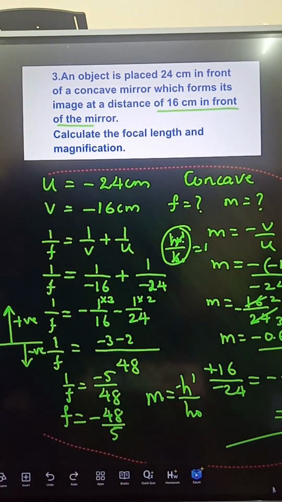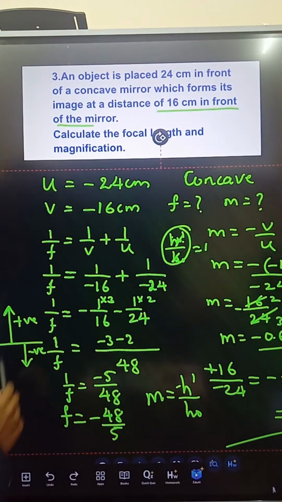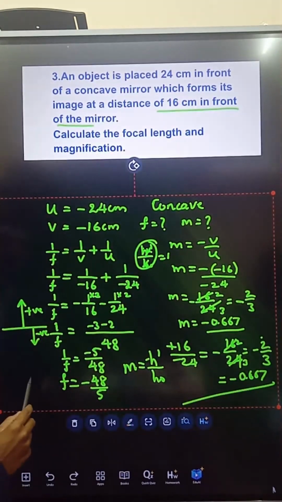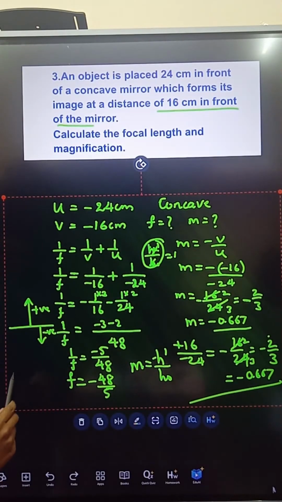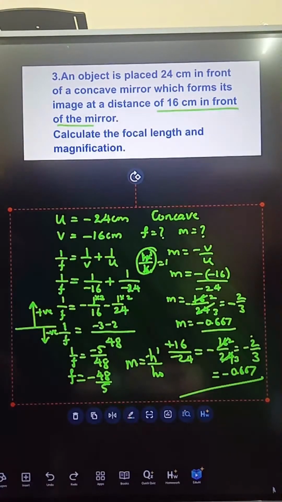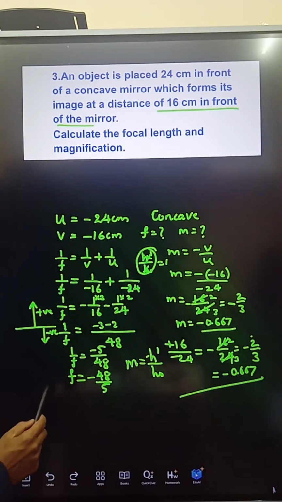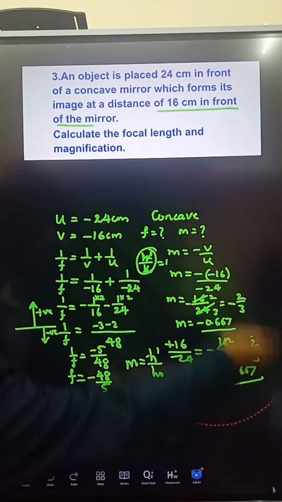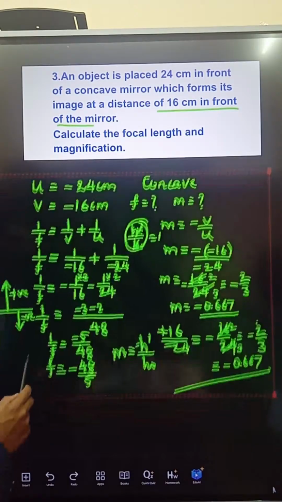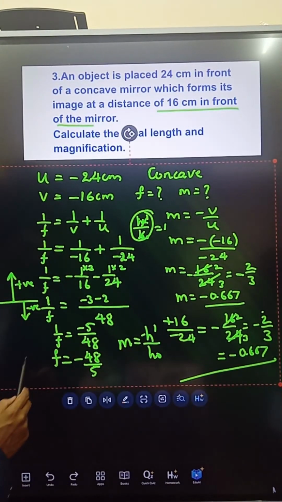Now you can see what I have solved. Now I hope it is clear to you. You can see it.